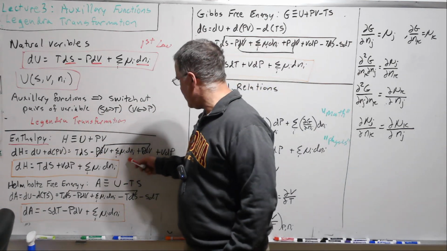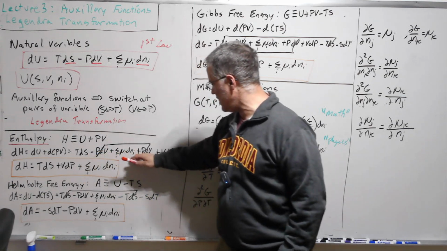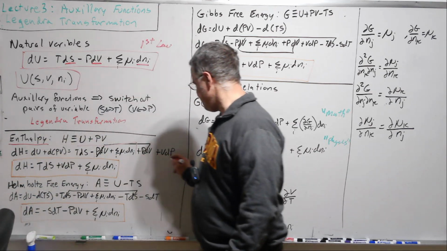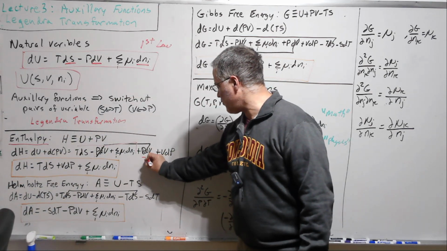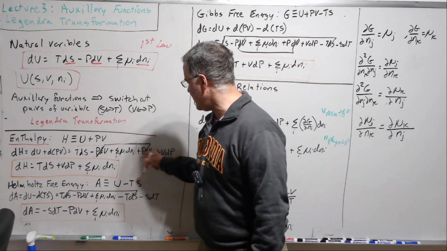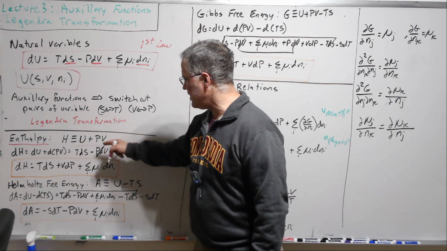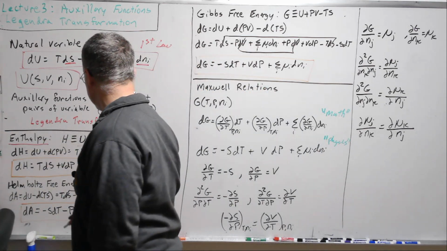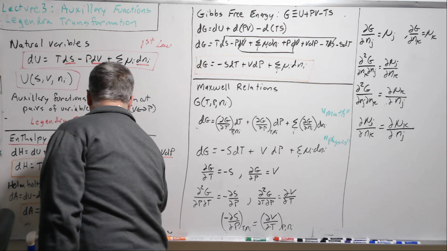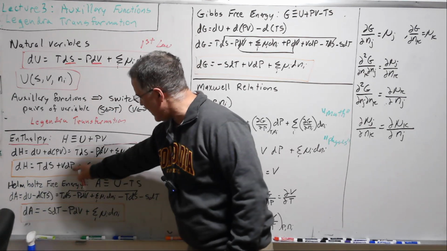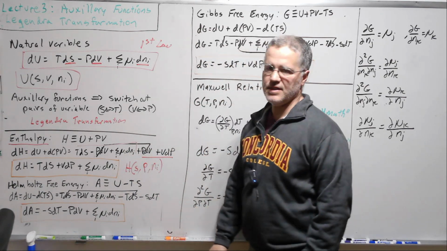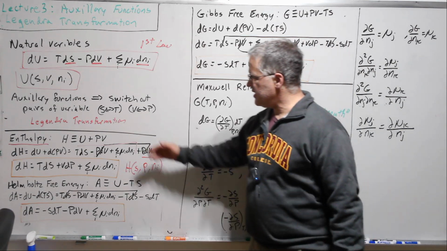Let's express dU via the first law, and then here let's express the product rule for PV. And we can see that we get a nice cancellation of our V term, and we switch out V with P. So if we look at our natural variables here, we still have S, but now we have switched V for P, and then we have our N.